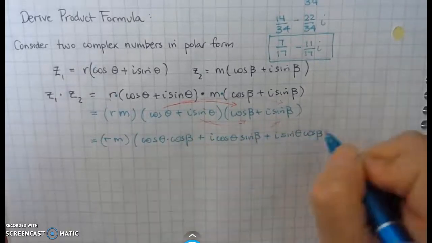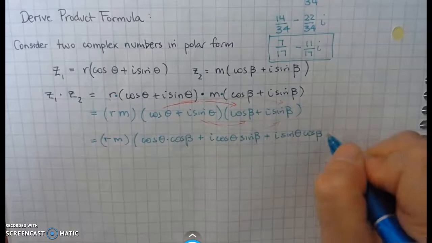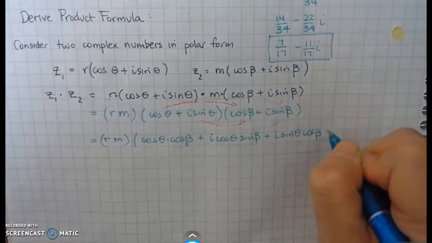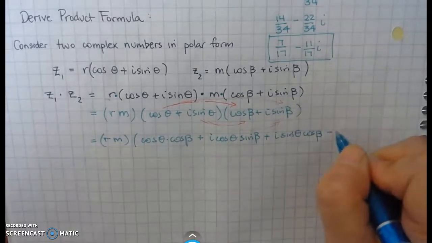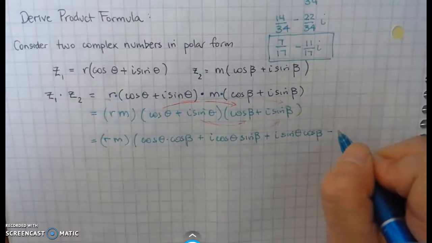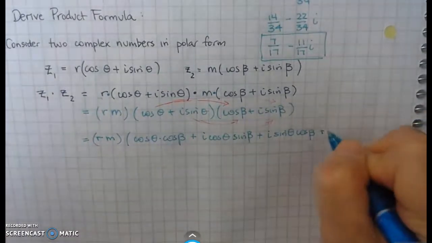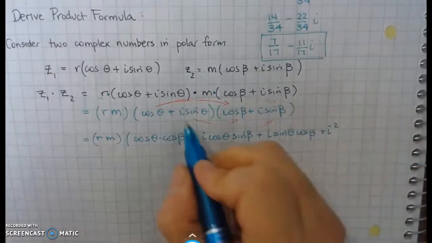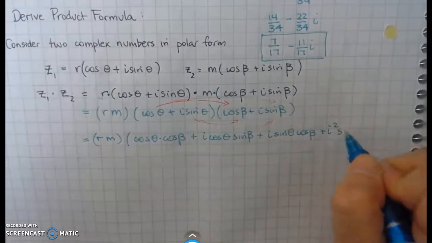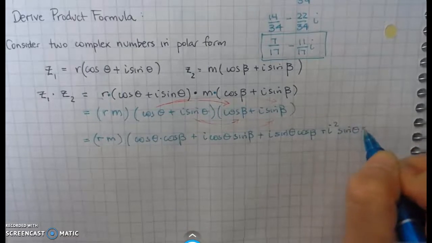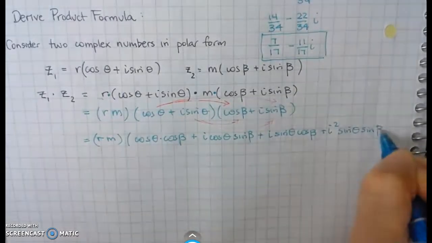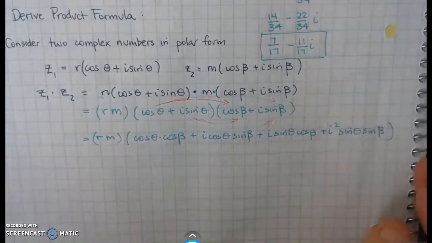And then finally i times i is -1, so instead of addition, I am going to put subtraction. Or I can just put i squared for now, i squared sine of theta and sine of beta.